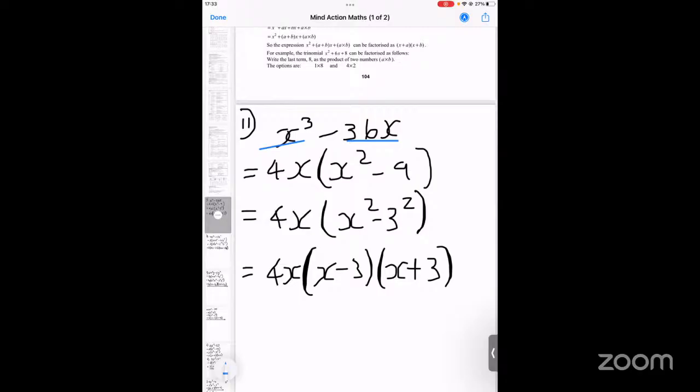Because if you take out 4, it means it exists there and also there. So if we say this times that, it will take us back to there.